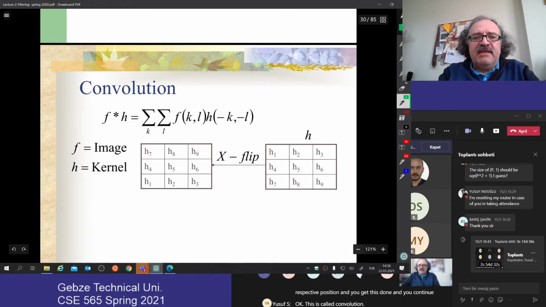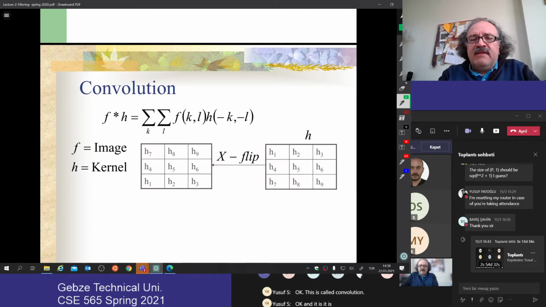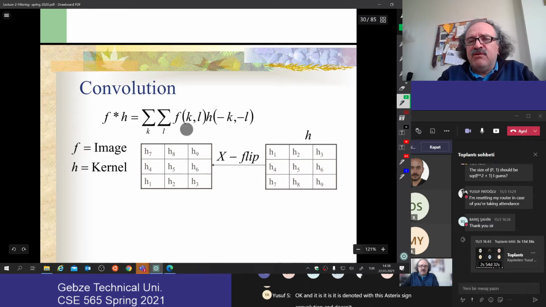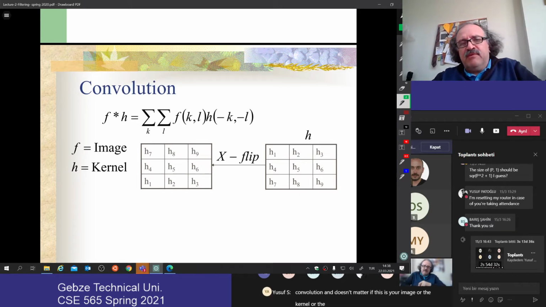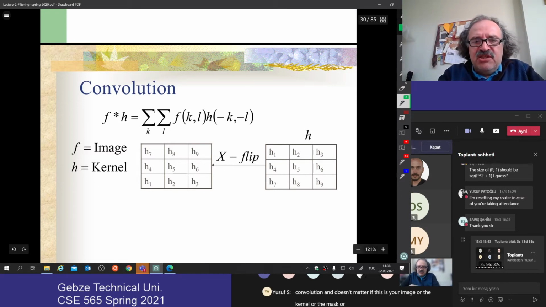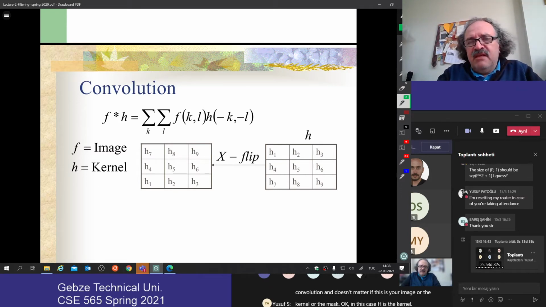It is denoted with this asterisk sign, convolution. And it doesn't matter if this is your image or the kernel or the mask. In this case H is the kernel, F is the image.